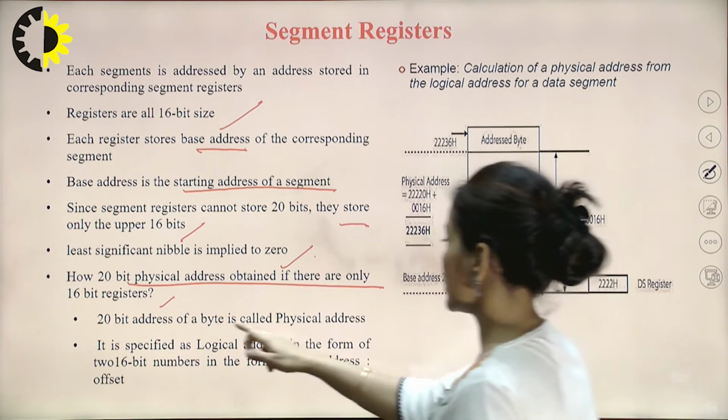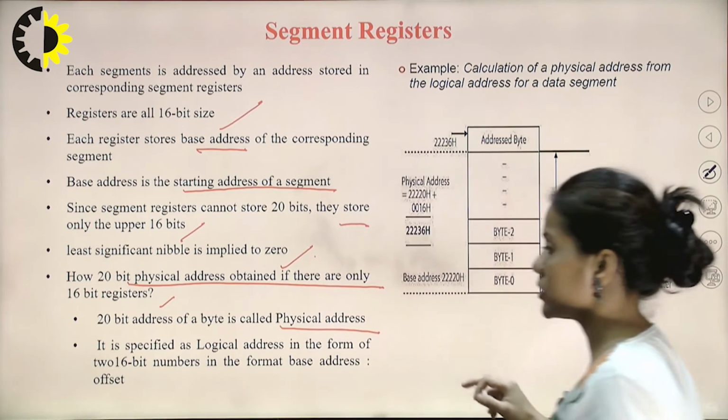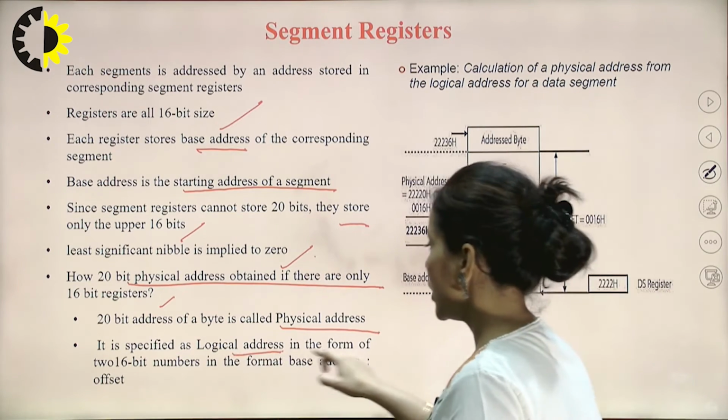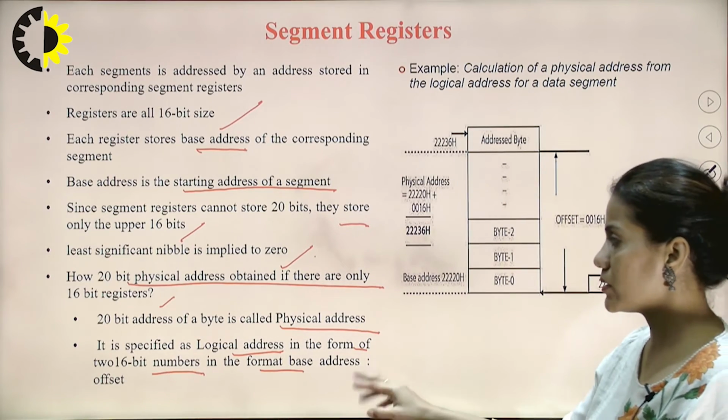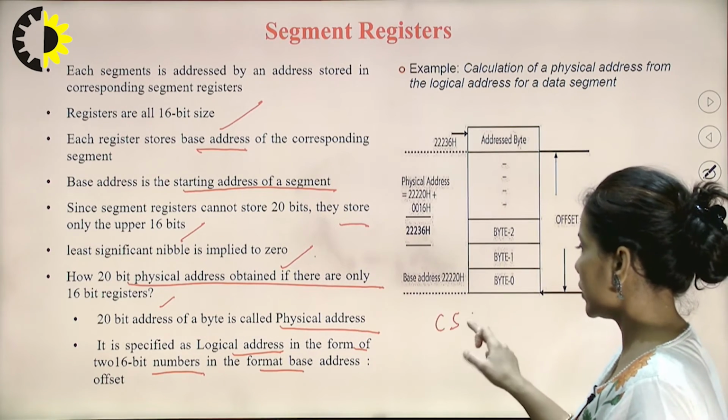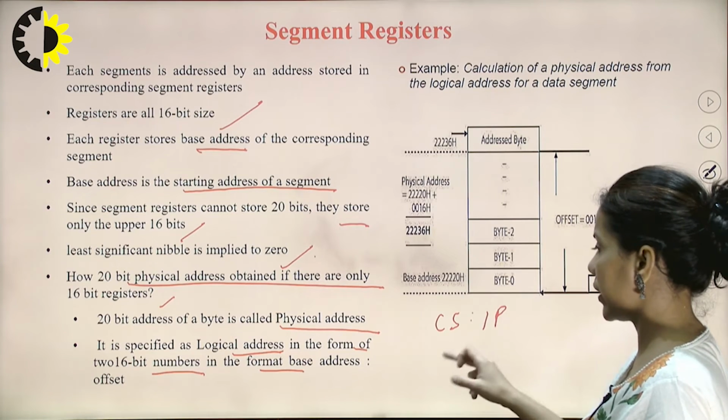This 20 bit address is known as a physical address. It is specified as a logical address in the form of two 16 bit numbers in the format base address and offset. So suppose we are talking about CS and IP, we will write it like this.